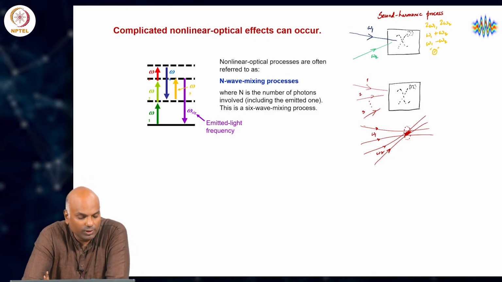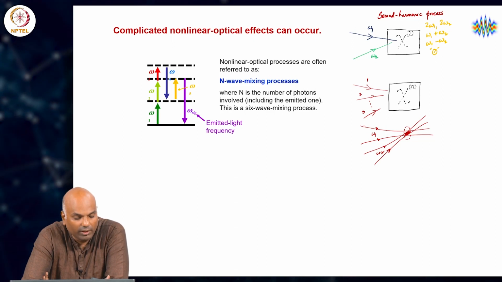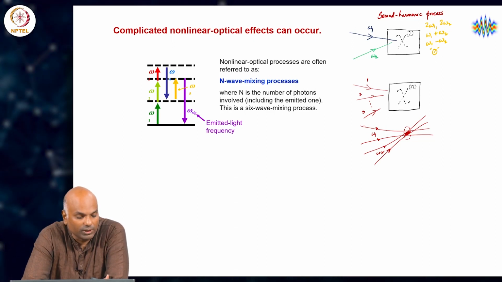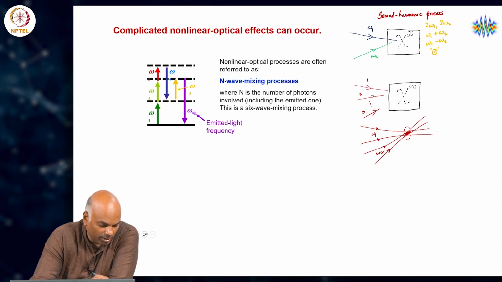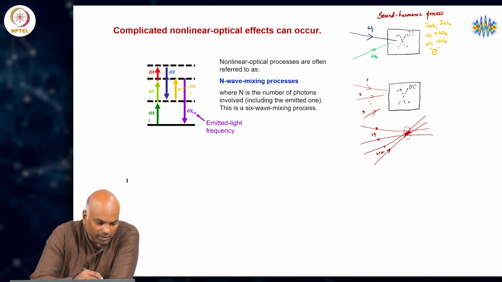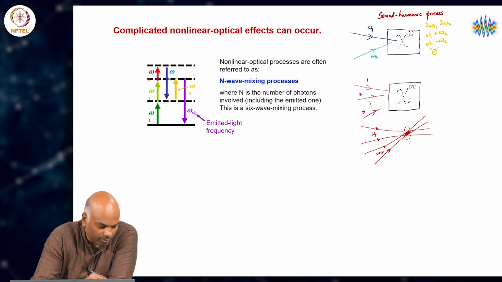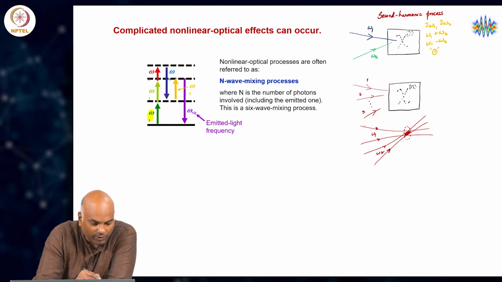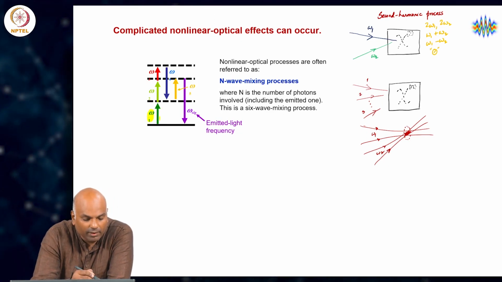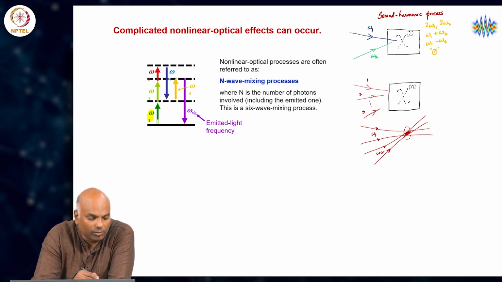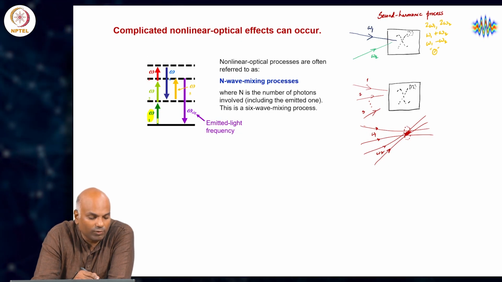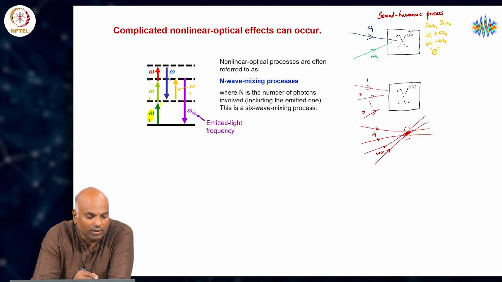So, these processes, however, are called n wave mixing processes. Like what is shown here is a good example. Again, the subscripts have moved out a bit, but please bear with me. So, we have omega 1, we can say that a photon of omega 1 is absorbed and a transition is made.